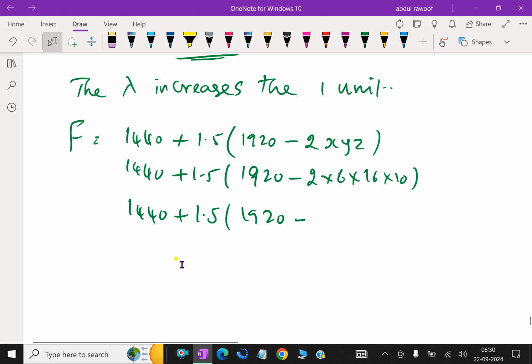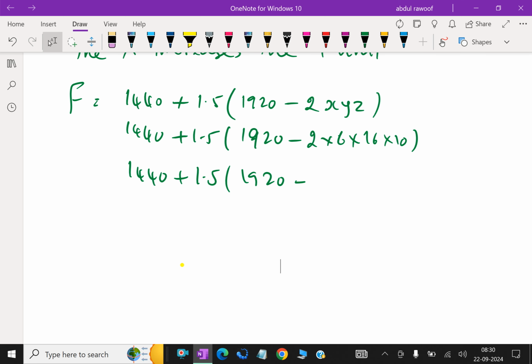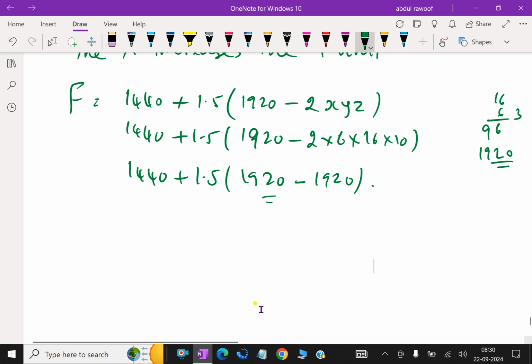We'll calculate: 16 into 6 is 96, 96 into 10 is 960, and 2 into that is 1920. So the function f becomes like this, the multiplier increases, this having the value 1440.